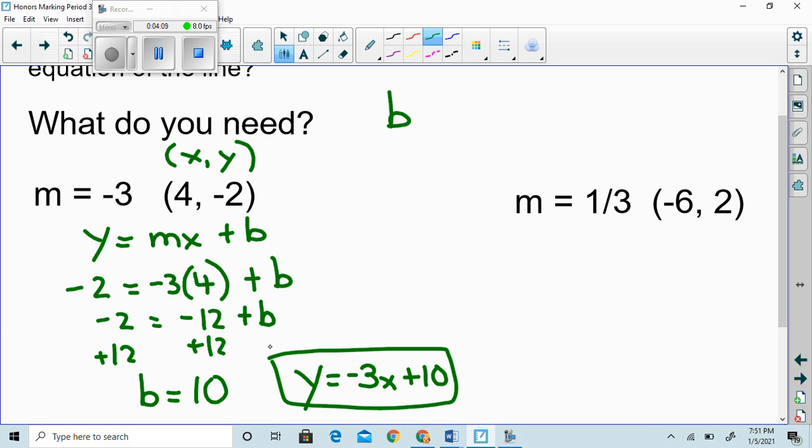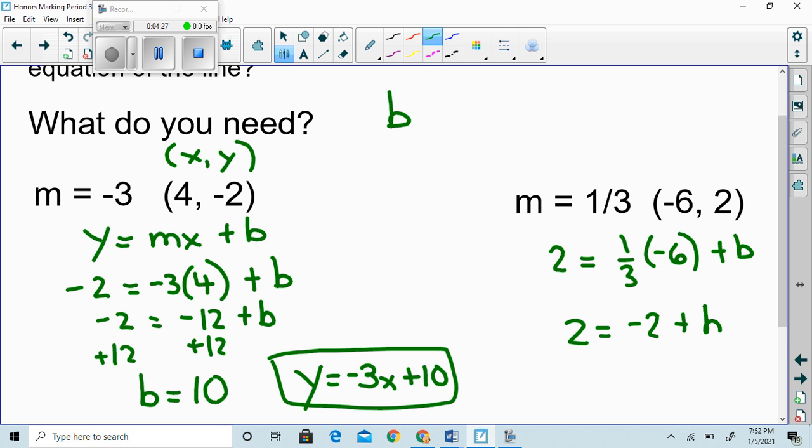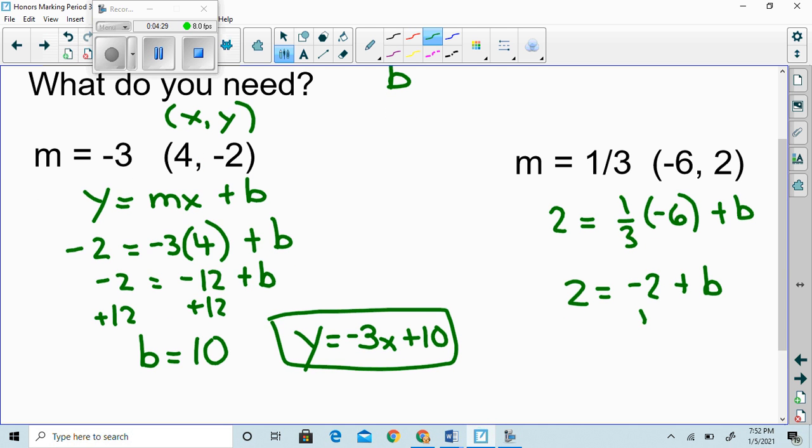A second problem of this same type, we'll substitute in the values y is equal to m times x plus b, and we're solving for b. Well, 1/3 of a -6 is -2. We'll add 2 to both sides, and that will give us the value of b.